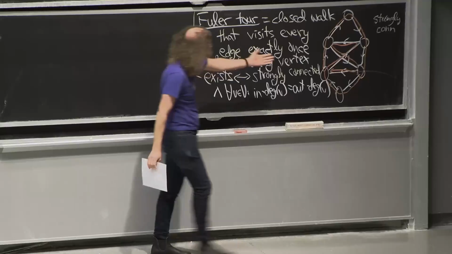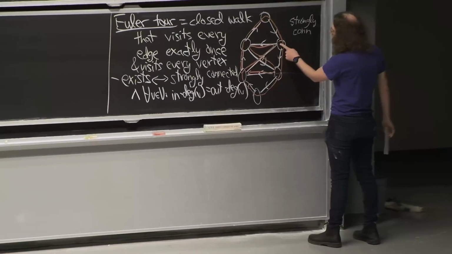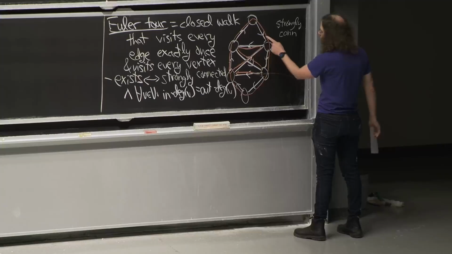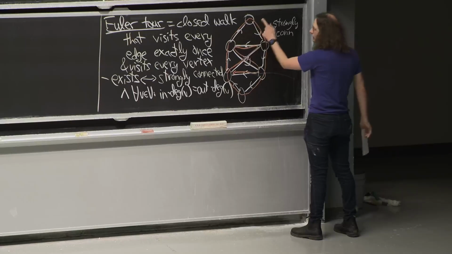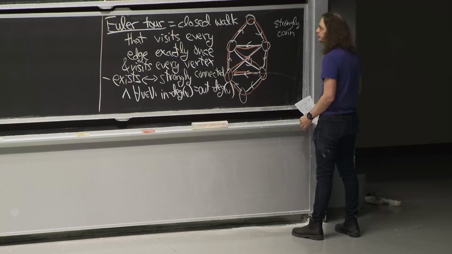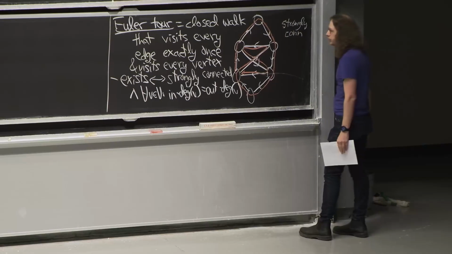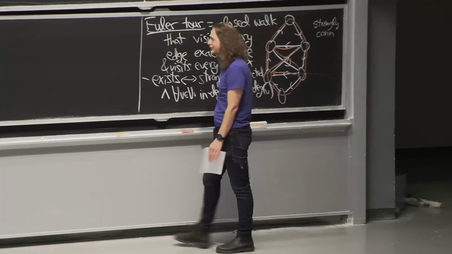So in particular, if you look at this example, every vertex has either 2 in, 2 out, or 1 in, 1 out. And in general, if you have k incoming edges, you should have also k outgoing edges in order to have an Euler tour. Why? Because what goes in must come out.